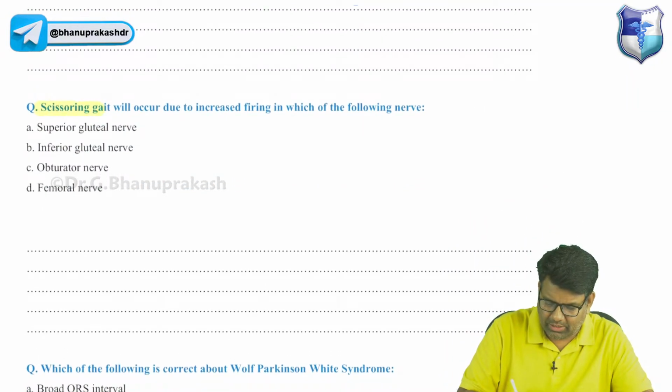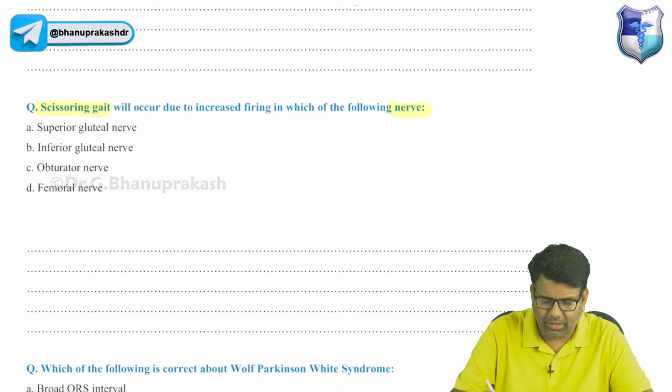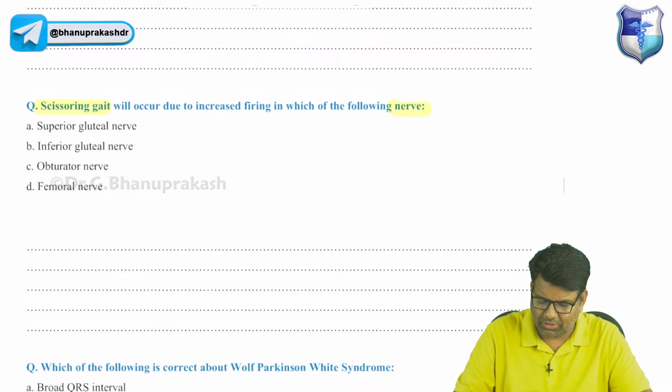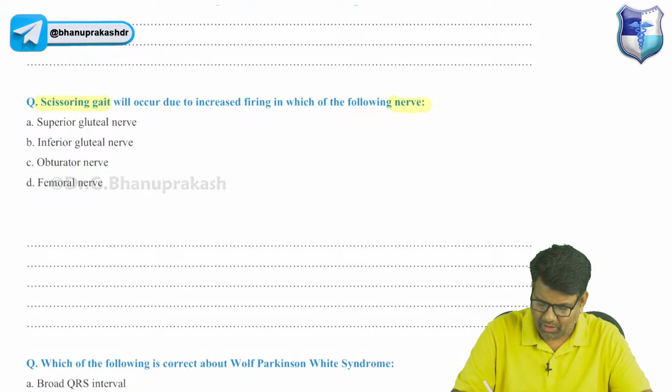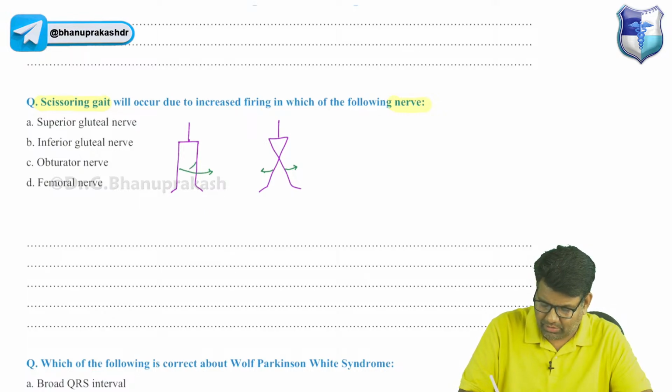Next question. Scissoring gait may be seen if there is increased firing of which nerve? Before this, you must know what scissoring gait actually is. Suppose this is a normal person, now what happens in scissoring gait? The limbs cross over, right? In terms of anatomy, you will say that there is adduction because this limb is going here and this is going here.